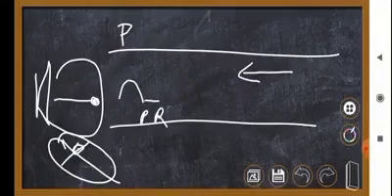So after that, when the current starts moving from the AV node to the bundle of His, the first thing to be depolarized is the interventricular septum.